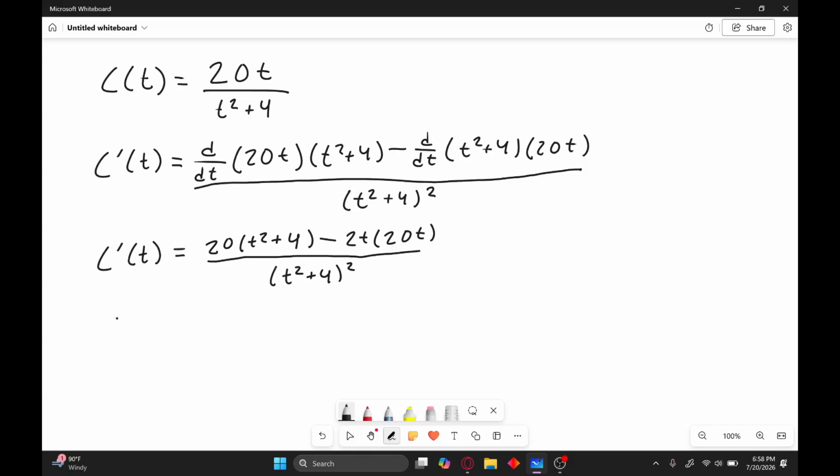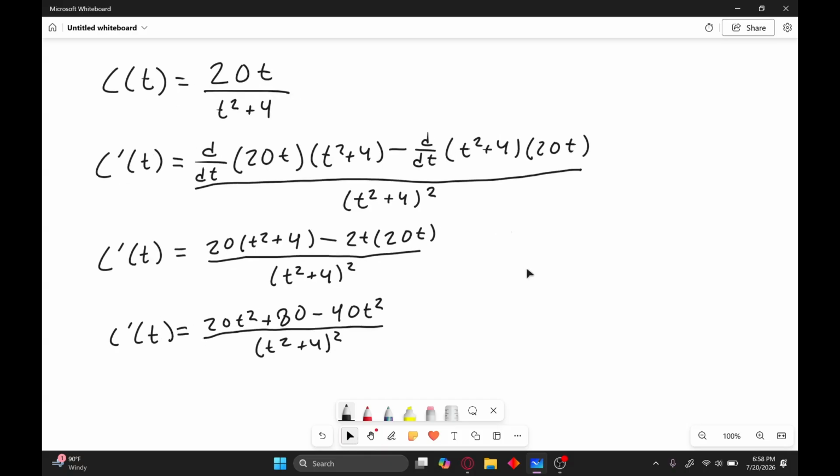Now, if we distribute, C prime of t turns into 20t squared plus 80 minus 40t squared, all over t squared plus 4 squared.